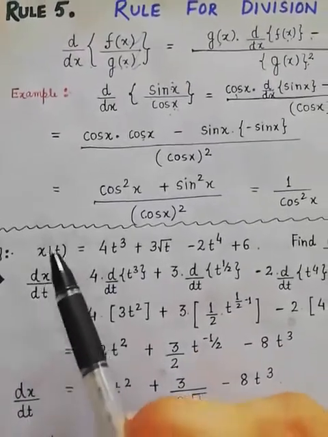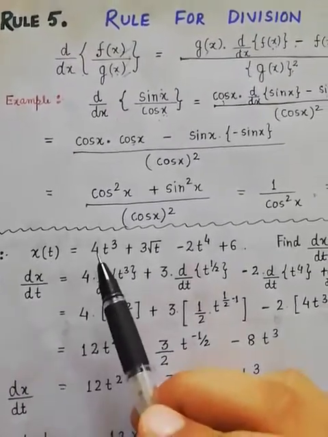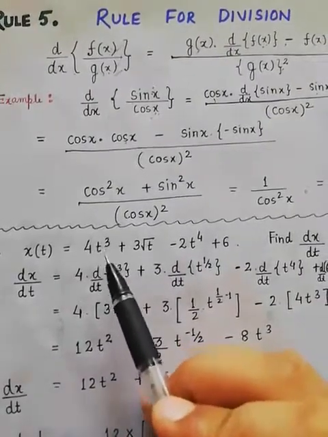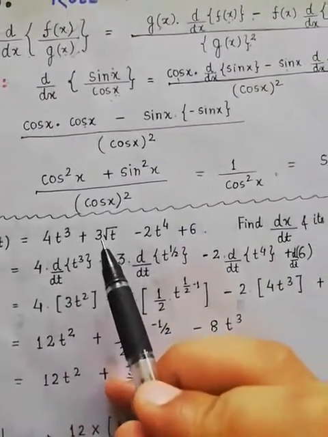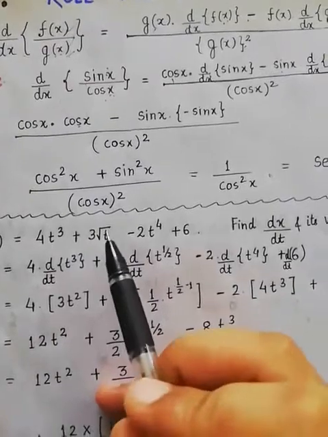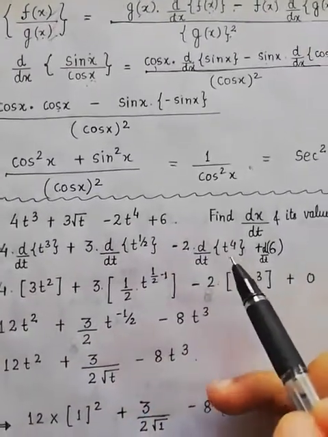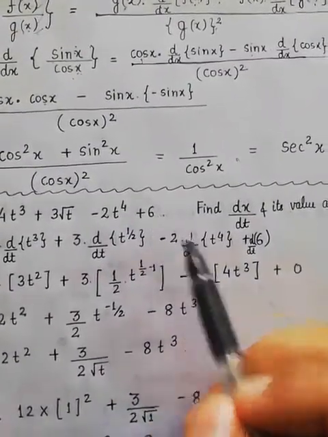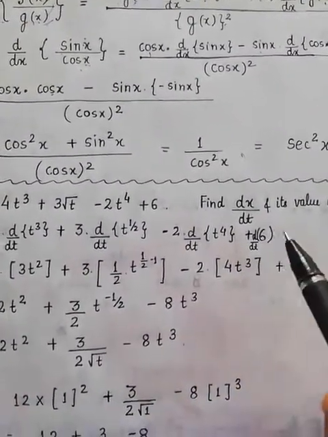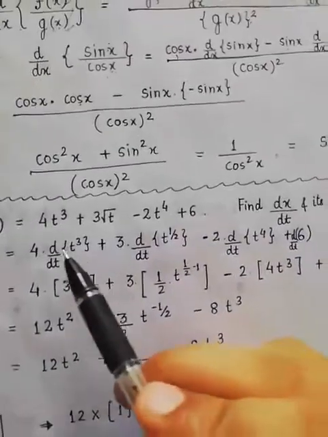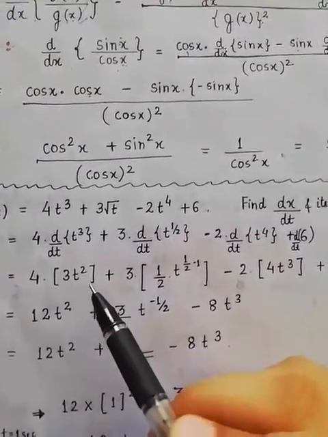So how do you do the differentiation? dx by dt is what? The constant comes outside, you have to do the differentiation of this t cube, plus 3 is a constant, take this outside, differentiation of root t, minus take this 2 outside, do the differentiation of t to the power 4, and this is a constant, do the differentiation of this constant. Of course this will give you 0. Differentiation of x to the power n is n x to the power n minus 1.